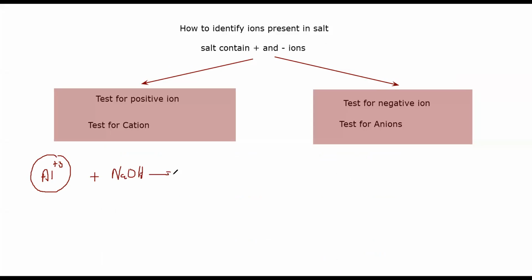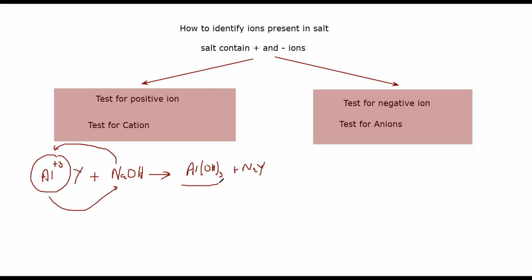There is a positive ion aluminium and a negative ion we don't know, for example, Y. What happens? The sodium will take the position of aluminium and aluminium will take the position of sodium. So it will form aluminium hydroxide plus sodium, and the negative ion is Y.